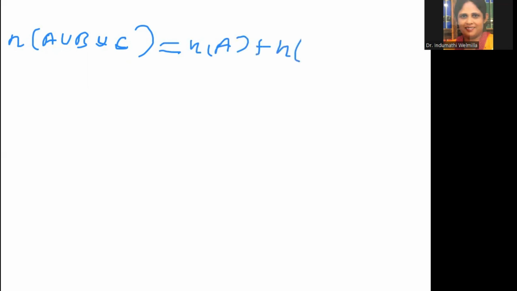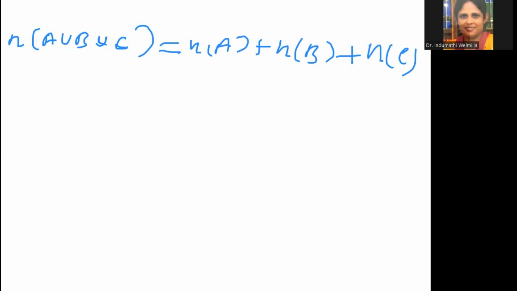And another thing is, if we have A, B, C, like 3 sets, right? Then n of A union B union C should always equal n(A) plus n(B) plus n(C).